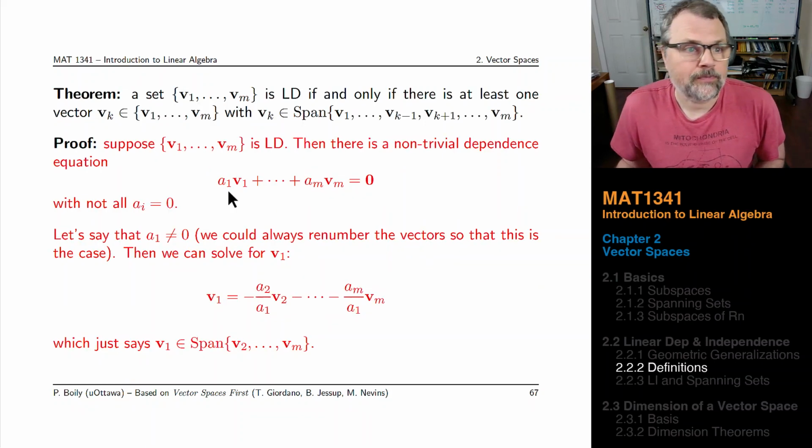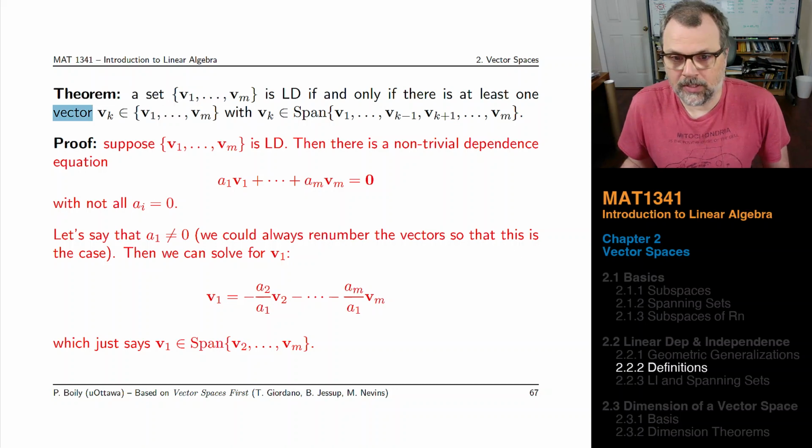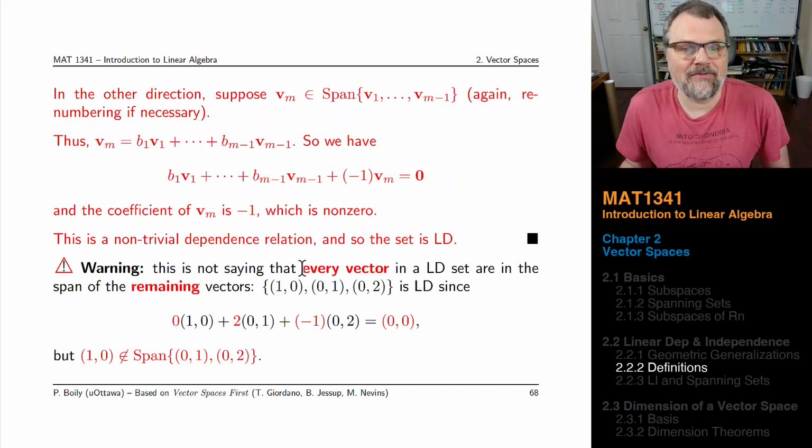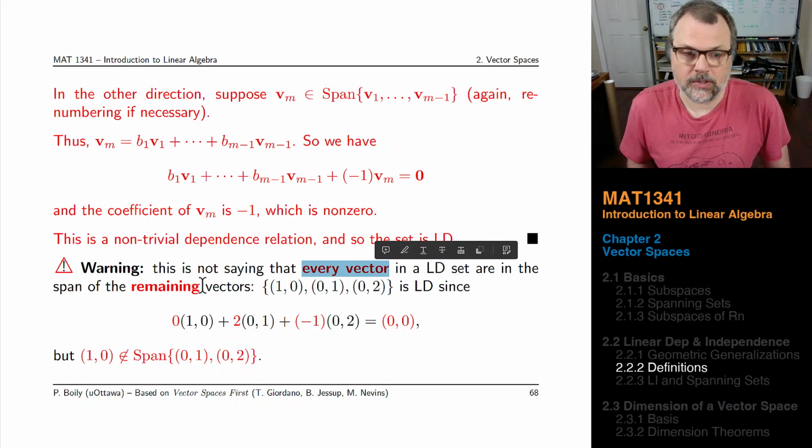It says, there is at least one vector which is in the span of the others. That is not saying that every vector is in the span of the remaining vectors. There's just at least one which is in the span of the others, right?